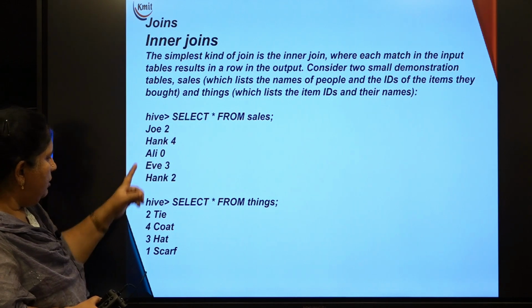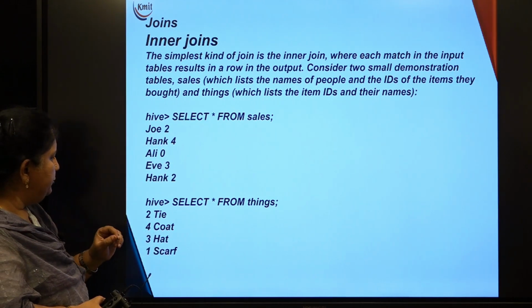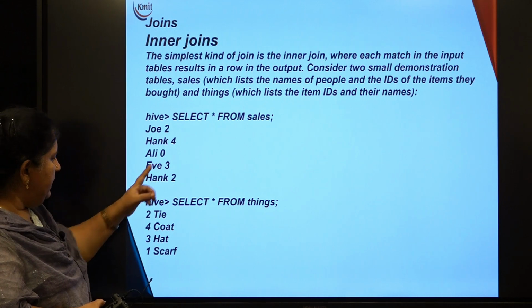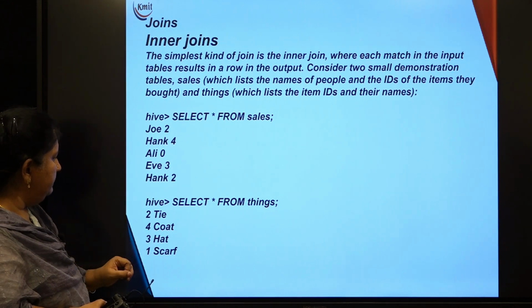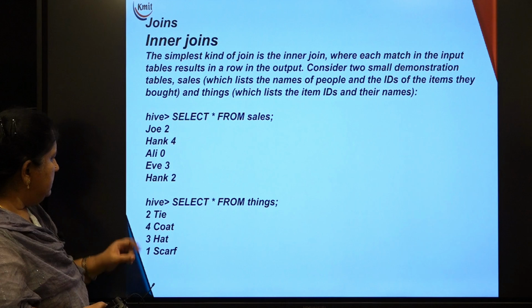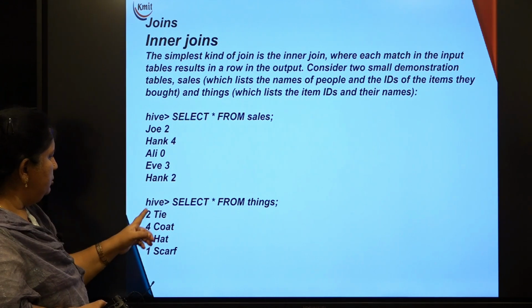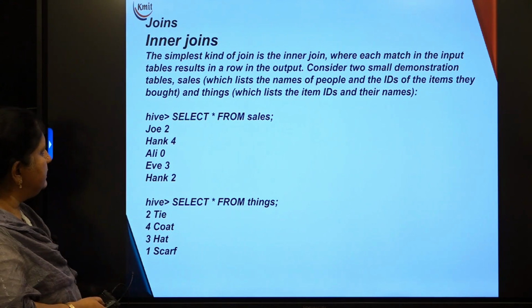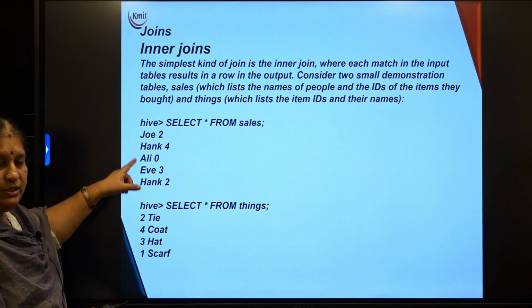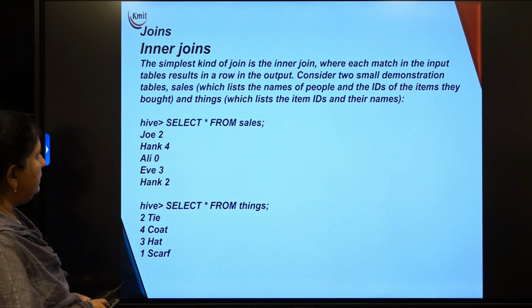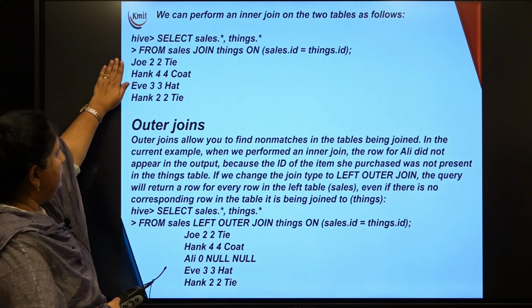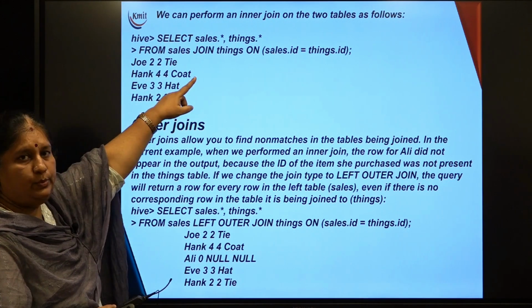Hank, 4, 4, coat should come. Eve, 3, 3, hat should come. What else? Hank, 2, 2, tie. These are the 4 rows we expect. So matching this, these are the 4 rows which follow this condition.